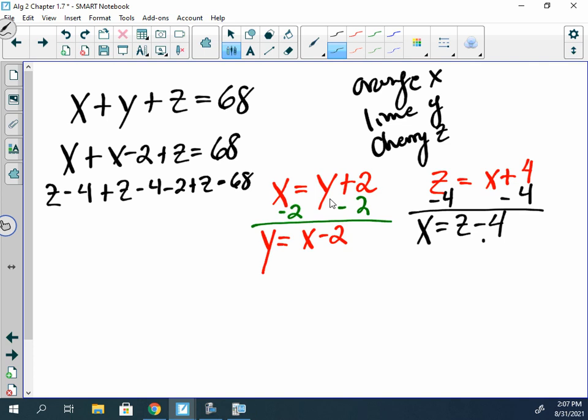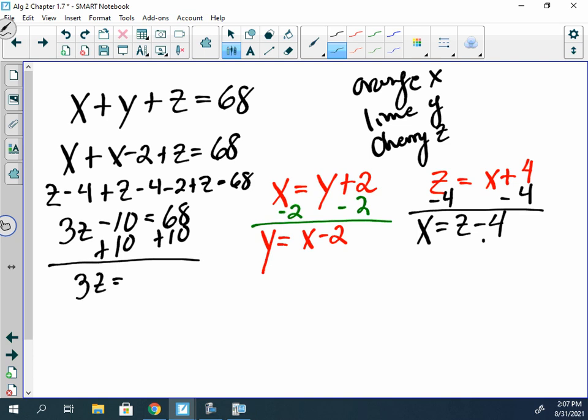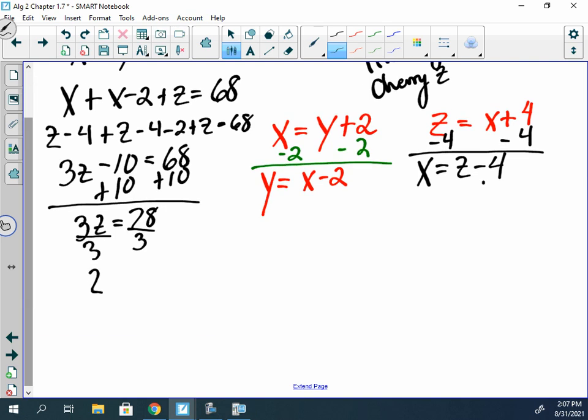I have 1, 2, 3 z's. Negative 4 minus 4 is negative 8, minus 2 is negative 10. We can add 10 to both sides. 3z is equal to 78. Divide both sides by 3. Z is equal to 26.